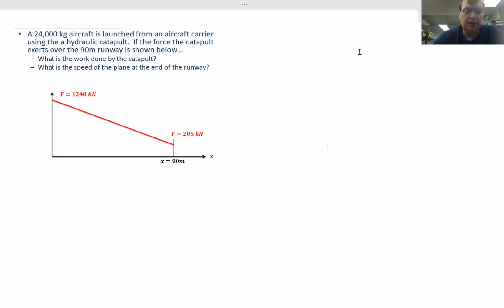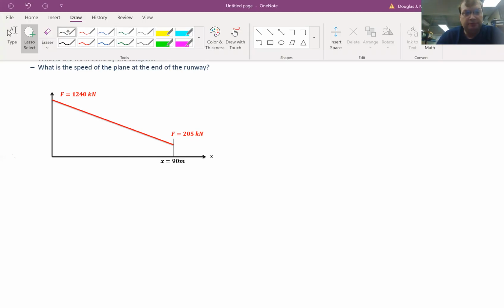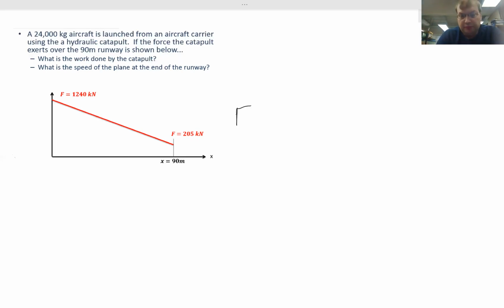As a result, the first thing we want to do is look at exactly what's going on in the problem. The first thing we can observe is that the force itself is a function of the x location.